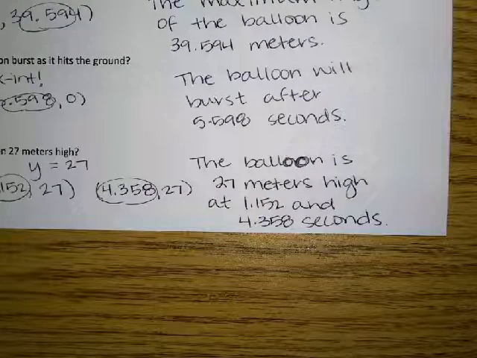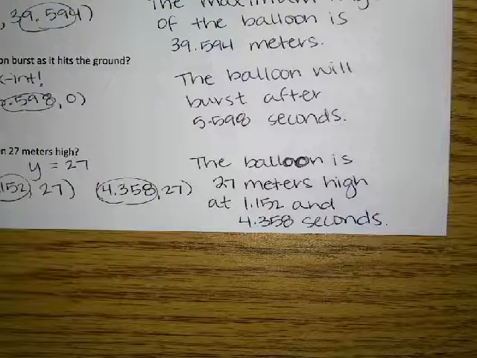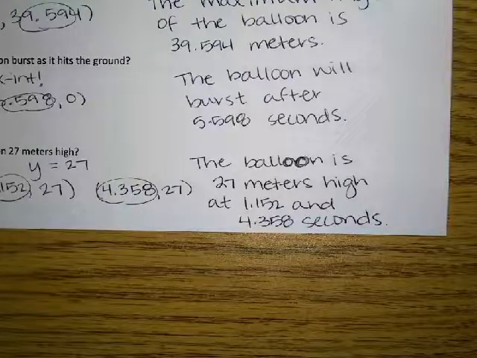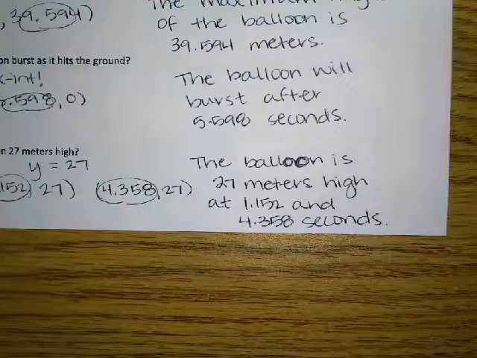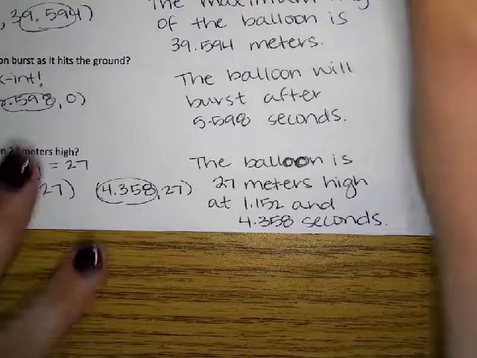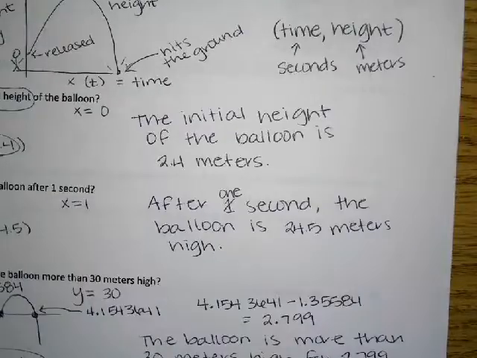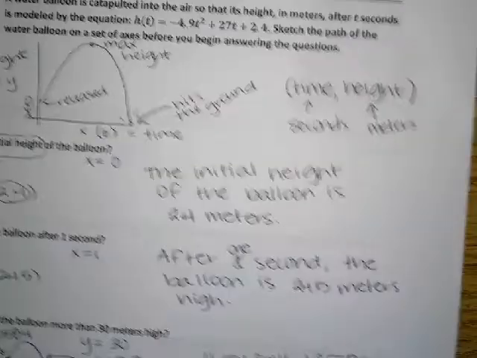All right, go ahead and flip the page. So we just did projectile motion. That was a quadratic. Next, we are doing volume of a box, and so this is a cubic.